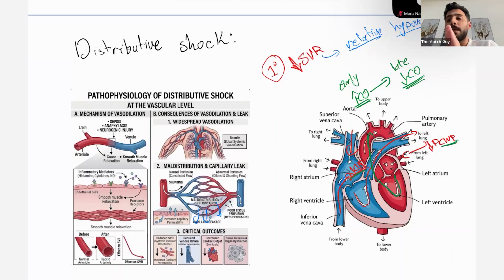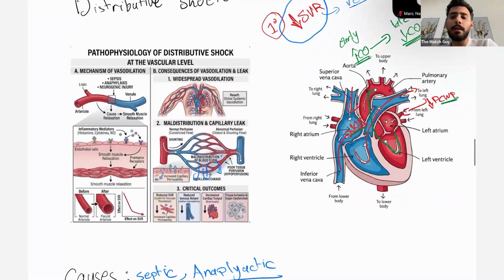Now, what is fixed about distributive shock is going to be this one, a fall in the systemic vascular resistance, because all of these other ones might change, they might be variable.